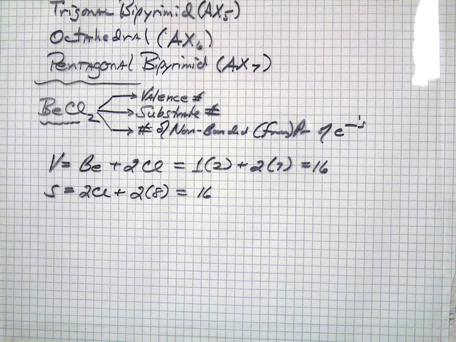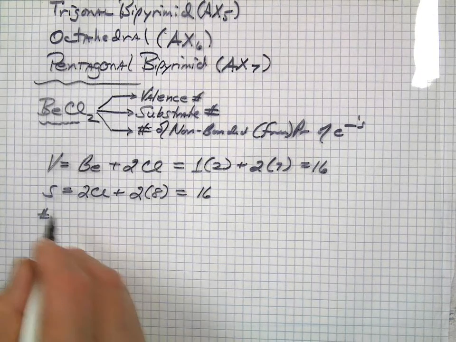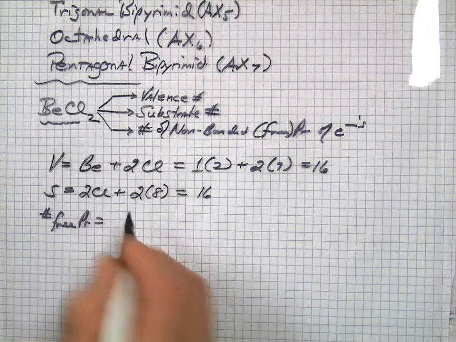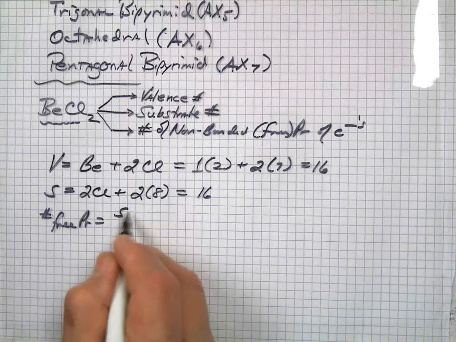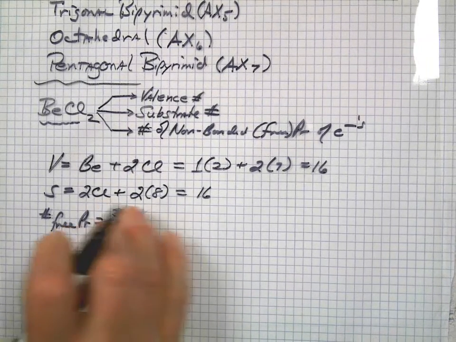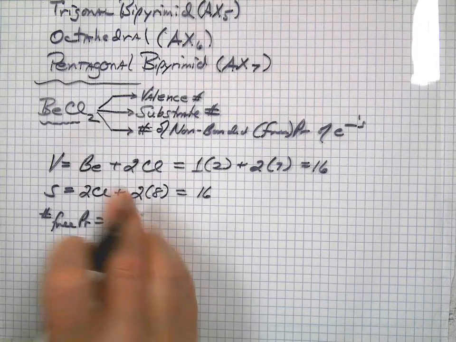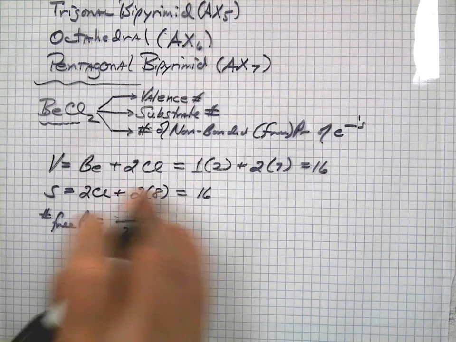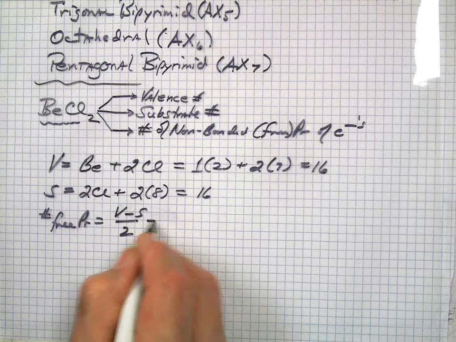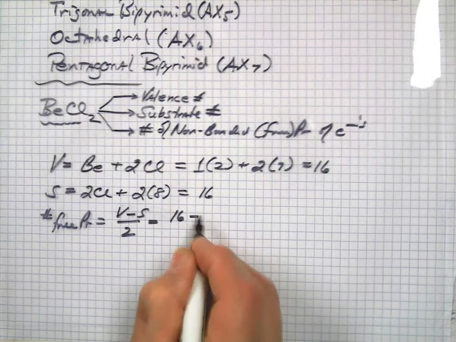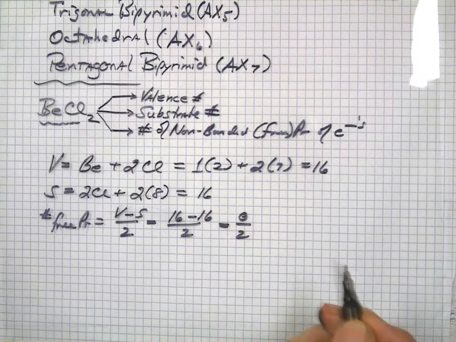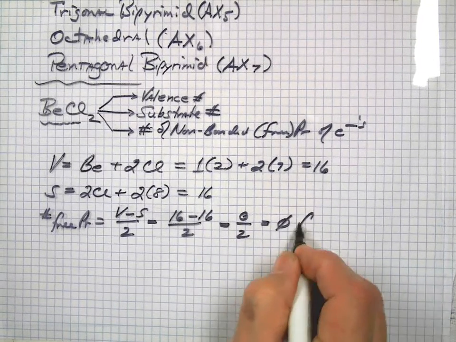Now to calculate the number of free pairs or non-bonded pairs, it's your substrate minus valence over 2. Or no, excuse me, I take that back. Valence minus substrate. It switches. Valence minus substrate. So essentially this comes out 16 minus 16 over 2, or 0 over 2, which means 0 free pairs.